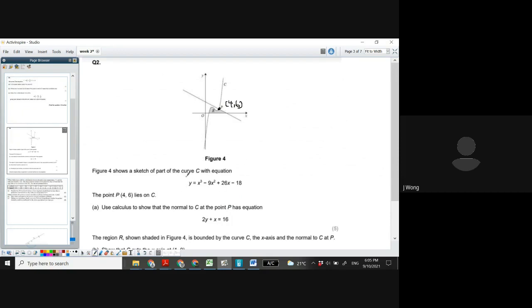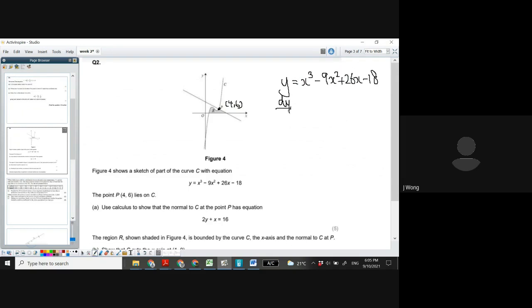Okay, so if we would like to find the gradient of the normal, what I need to find first is the gradient of the curve at point P. So I could do that by differentiating once. So y equals x cubed minus 9x squared plus 26x minus 18.